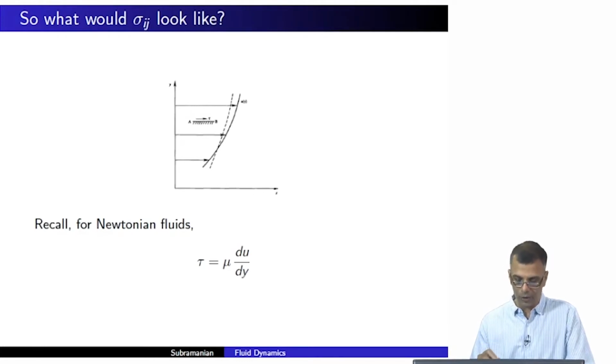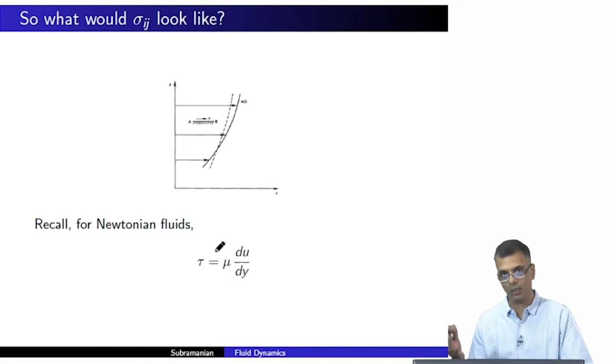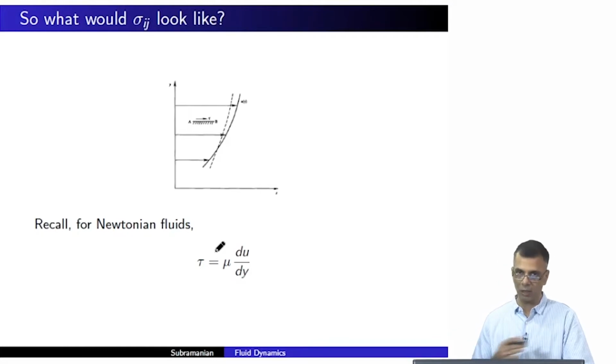Recall, Newtonian fluids are ones where the shear stress, the force per unit area, which is this tau, is related to the strain, which is du dy, via a proportionality constant called mu. Now this mu need not be the same for xy as it is for yz. It need not be the same, but just to motivate the idea, it's good to go back to this kind of a one-dimensional treatment, right?